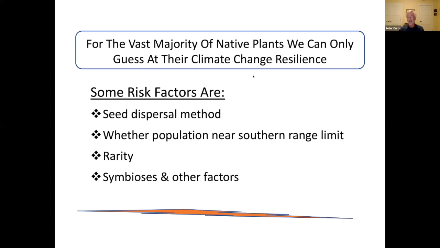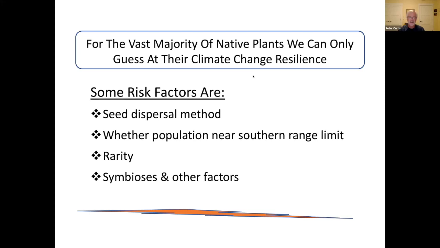Other factors, pollinators, other specificities become important as to whether a plant can occupy a new environment. If its pollinators aren't there, if its symbionts aren't there, it becomes much less likely. So in this case, specialists are typically thought of as being greater risk than generalists in this regard. So these are some risk factors, and we'll be going over some of these as they relate to specific species.